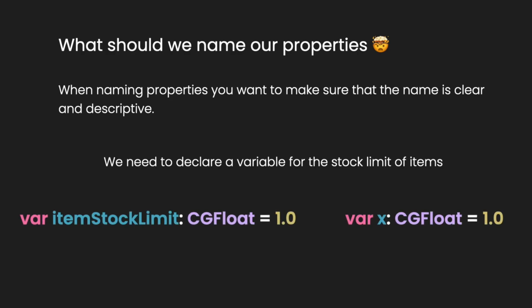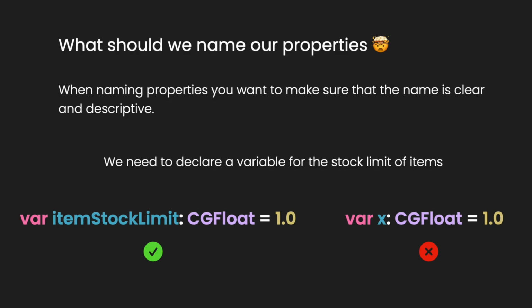The first one specifies a CGFloat variable called itemStockLimit, and we have another one called x, also a CGFloat. Looking at these two, I'm hoping you can realize which one isn't descriptive. Obviously the more descriptive one is the one on the left and the less descriptive one is the one on the right.